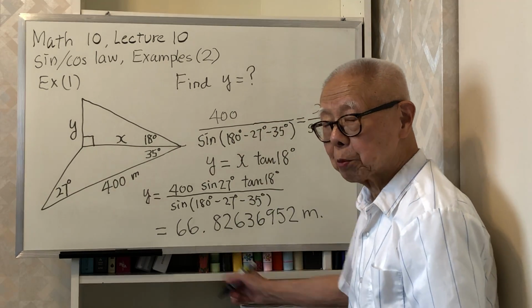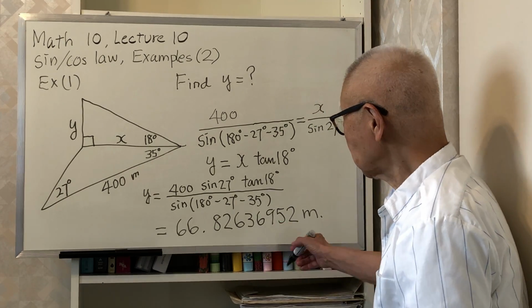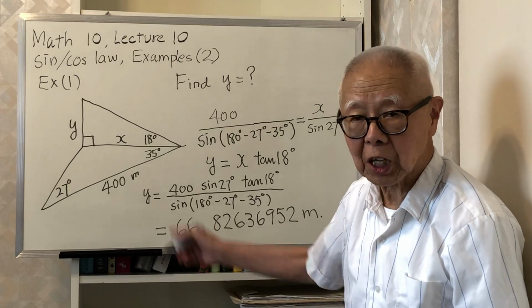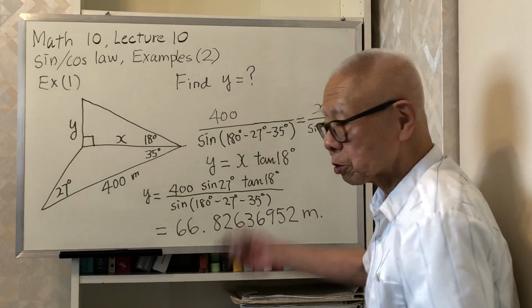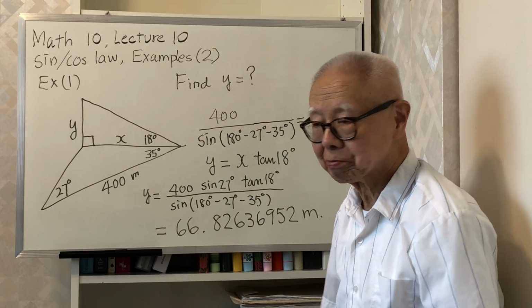I have all the decimals given by my calculator. Of course, you can round it up, it's up to you. So this is how I find my y.